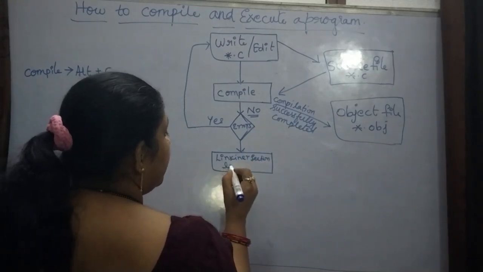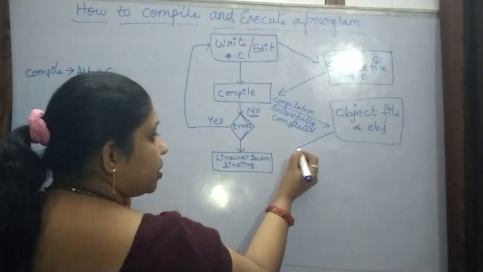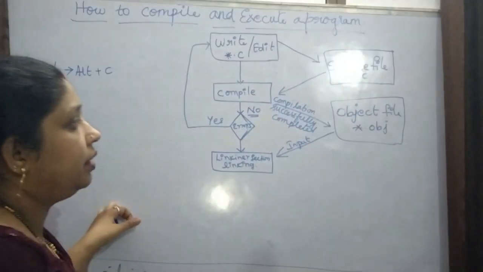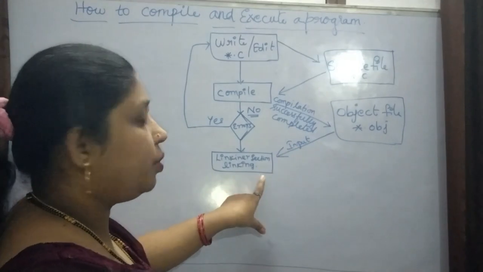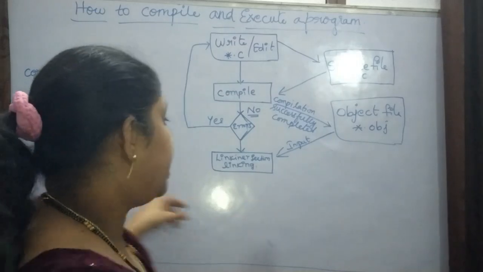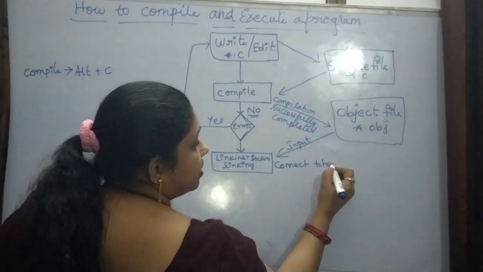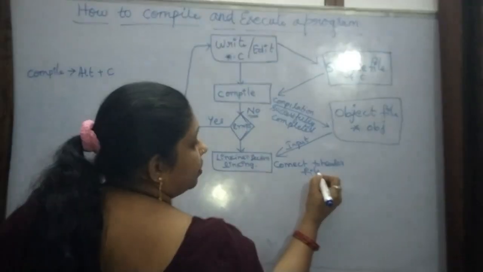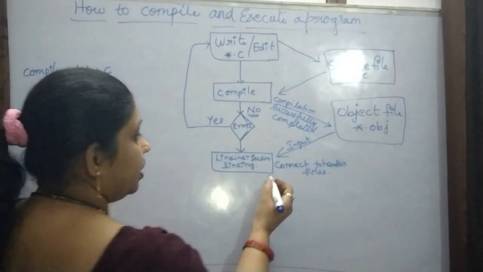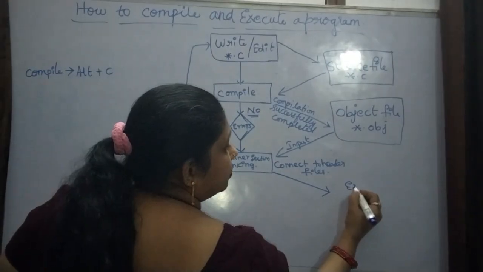Okay, linking is going on. How is this object code taken as input? This object code is taken as input by the linker section, and it will connect to header files, and thereafter it will generate what?